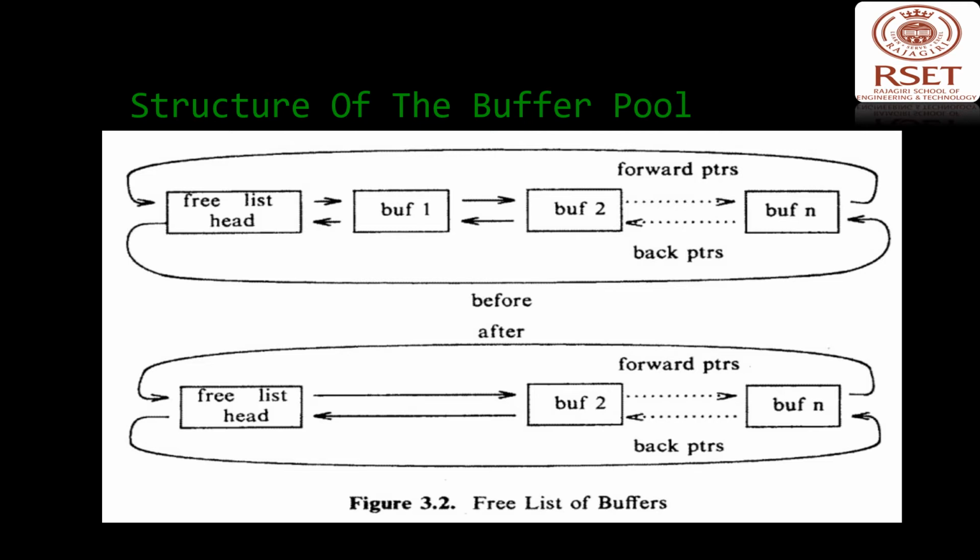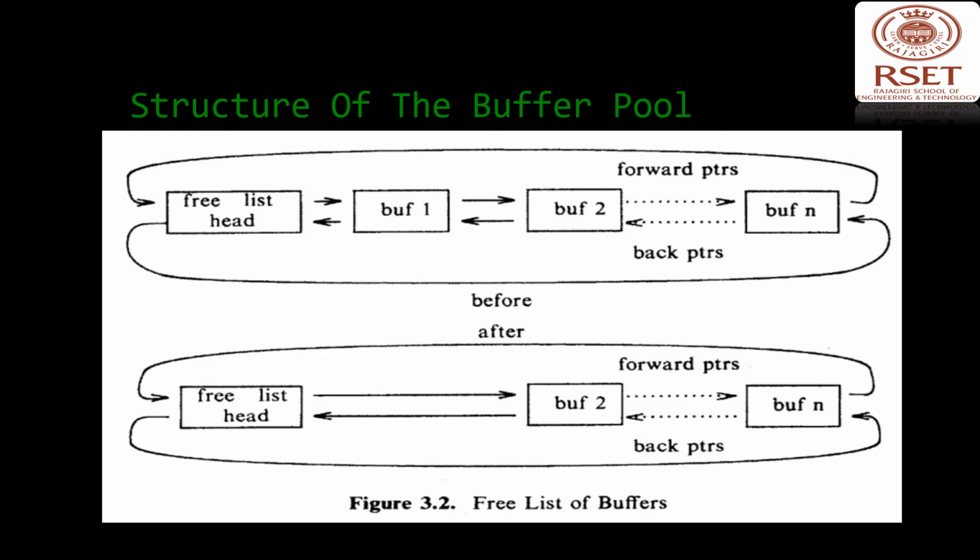As you can see here, every buffer is put onto the free list when the system is booted. The kernel takes a buffer from the head of the free list when it wants any free buffer. But it can take a buffer from the middle of the free list if it identifies a particular block in the buffer pool. In both cases, it removes the buffer from the free list.